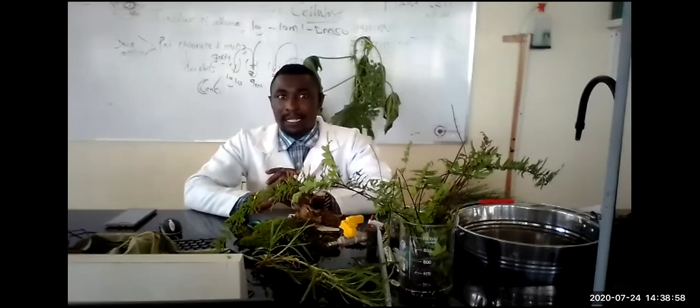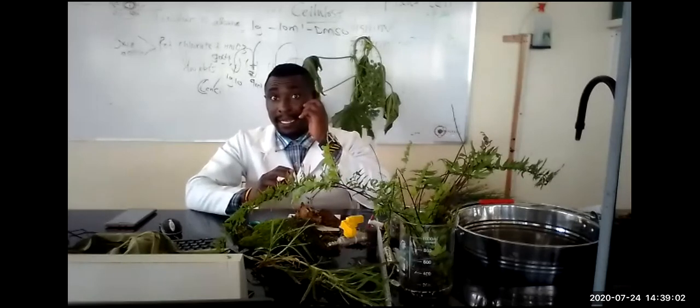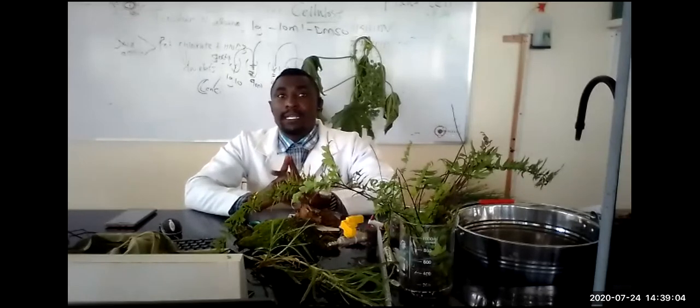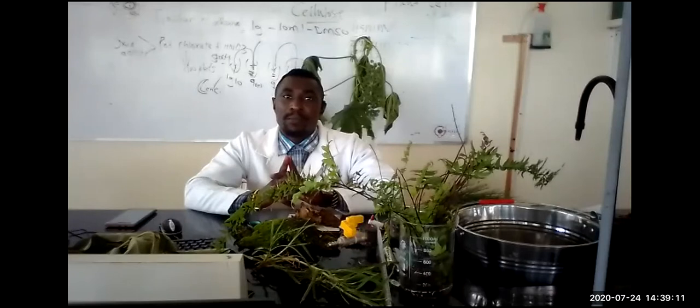Now, I'll be taking you in Pharmacognosy 1, and that is what we're going to start today: the survey of the plant kingdom. The kingdom Plantae is just the plant kingdom, which includes all plants on the earth.